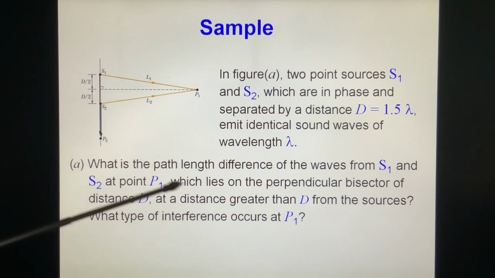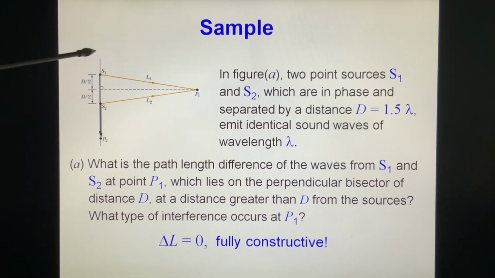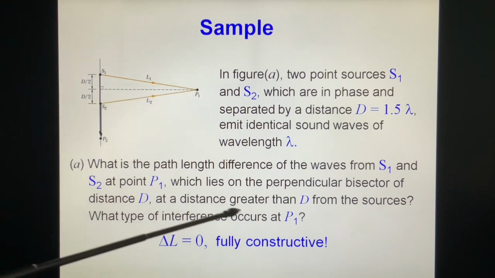What type of interference occurs at P1? We know L1 and L2 at point P1 are the same. So delta L equals 0. That means the sound waves interfere fully constructively, in phase.